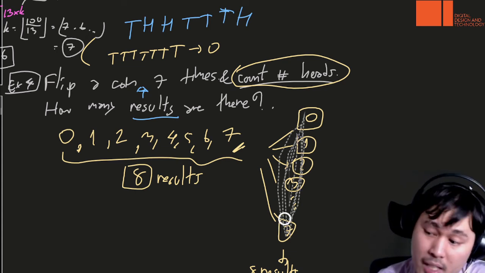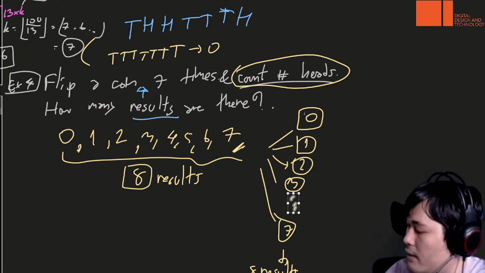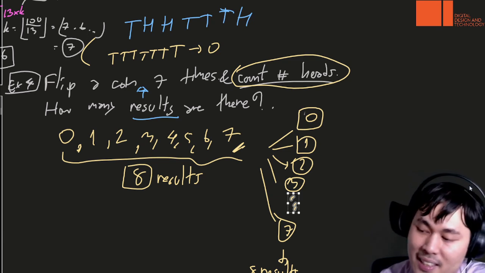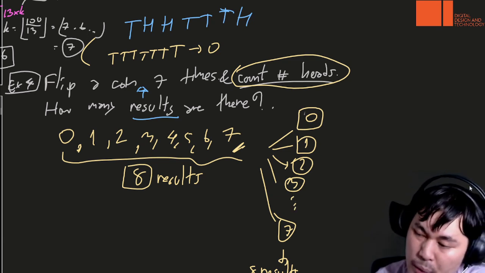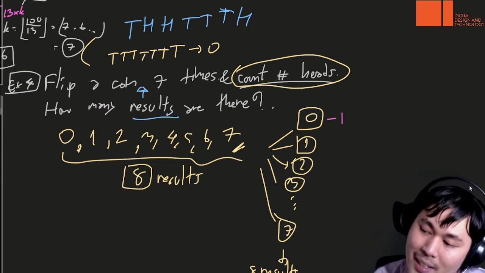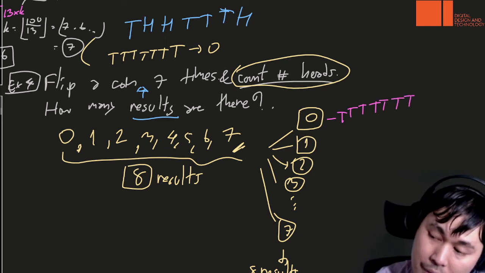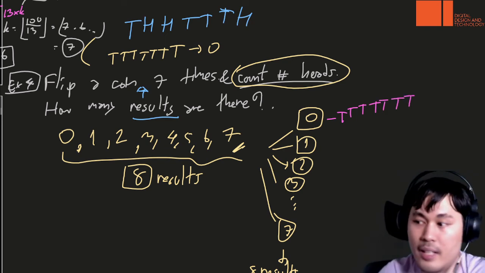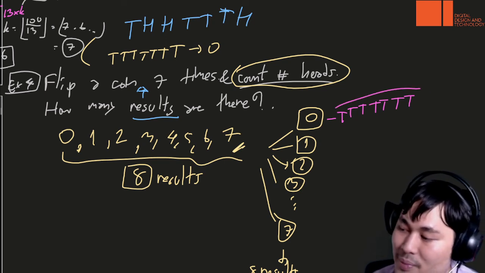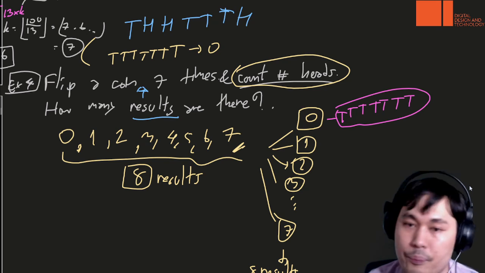But each of these cases doesn't have the same number of cases. They are not equally likely. For instance, if you look at this branch and ask how many leaves there are, there's only one leaf here. The branch with no heads at all has only one leaf, and that leaf is when all the flips are tails.